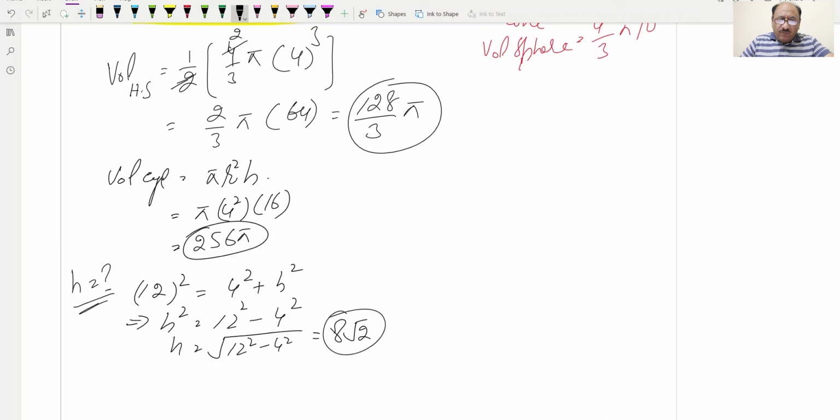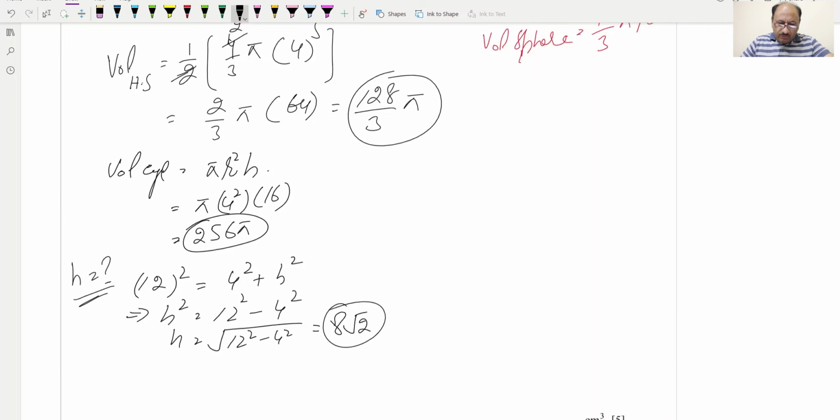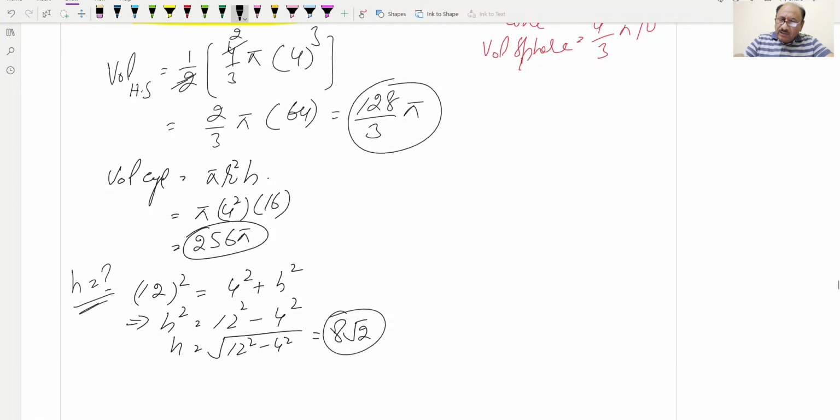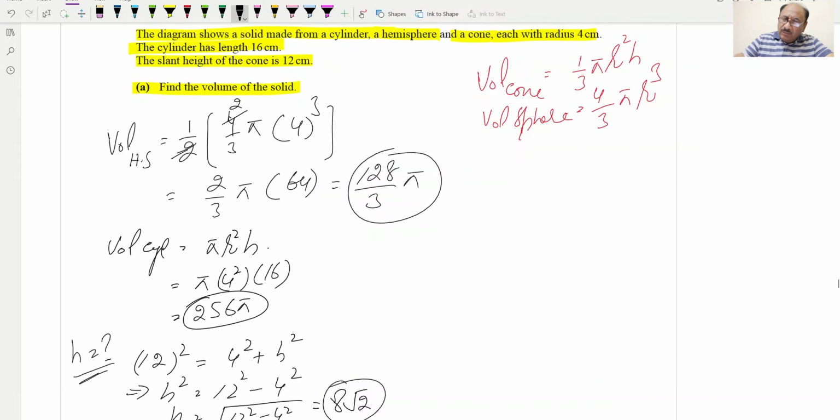Now we can find the volume of cone. Volume of cone is basically 1 by 3 pi r square h.